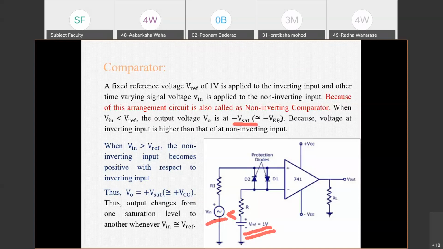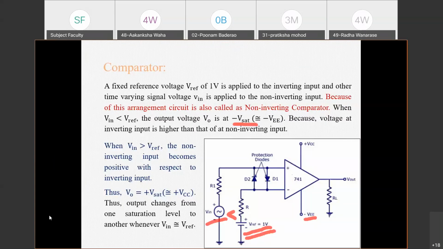In this case, it will be equal to minus VEE. Why? Because when V in is less than V reference, the voltage at the non-inverting terminal will be less than the voltage at the inverting terminal. The inverting voltage is greater, so that's why you will get negative output.